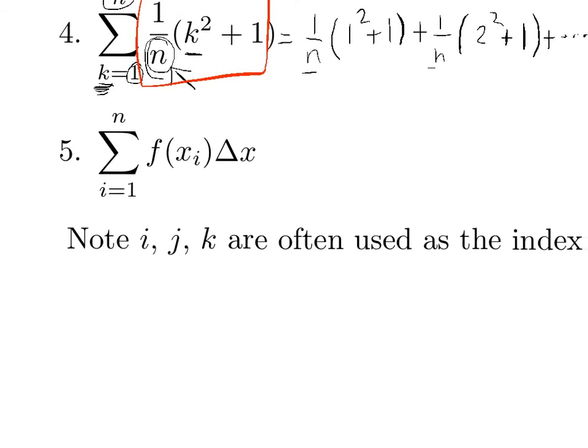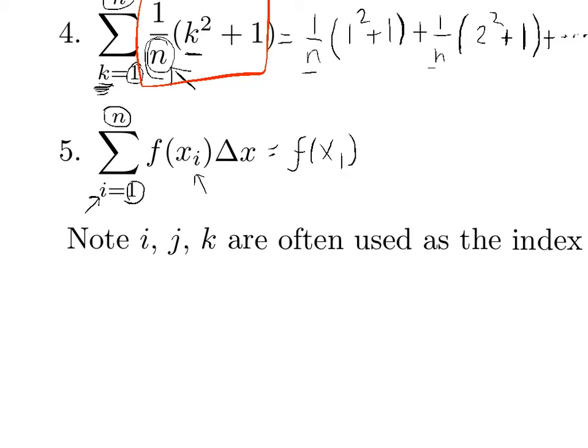All right, our last example here is actually even more indicative of what we're going to be dealing with. In the previous examples, our index of summation ended up being a value that was computed within our sum. In some cases, that index of summation acts as the subscript indicating which value of a particular variable you're relating to. So here, our lower bound is 1, our upper bound is n, our index is i. Our first term will be f of x1. Now, does x1 equal 1?